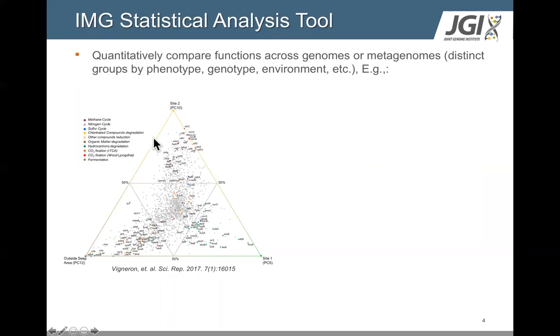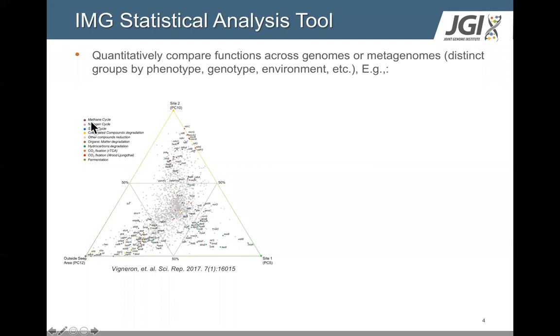So for example, for the methane seep, you'll see that these colors are maroon, which corresponds to methane cycle. So there's an enrichment of function for methane cycle in the methane seep, as one would expect. And similarly, there is an enrichment of functions for the anaerobic degradation of aliphatic or aromatic hydrocarbons that you would expect in an oil seep environment.